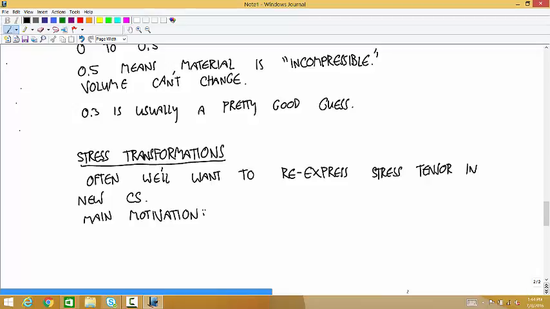No matter what the loading is and what the material is, for that point, there is some orientation of the coordinate system where every non-zero stress is a normal stress, where all the shear stresses are gone. And that's a little surprising. I mean, it is surprising.